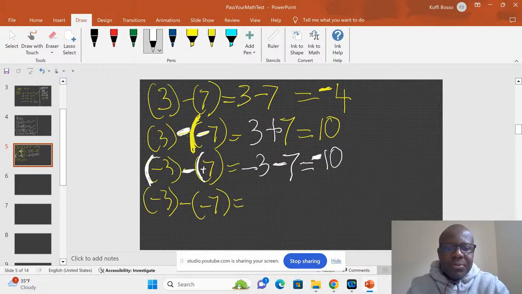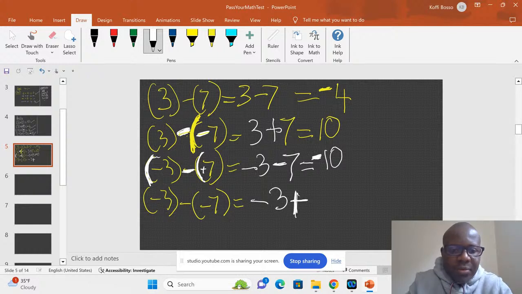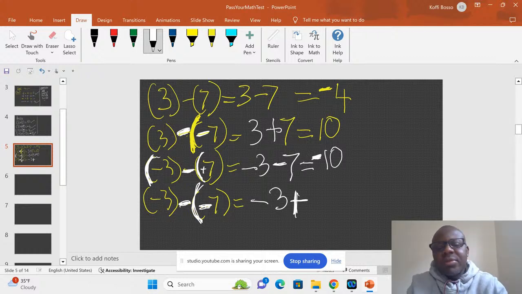I continue. Now if I have negative 3 minus negative 7, you'll see that if I remove the parentheses again, this will be negative 3 minus, and the minus inside will change to plus. This negative sign is separated by an open parenthesis, and the open parenthesis is like a multiplication symbol between the two negatives, so that turns to positive.